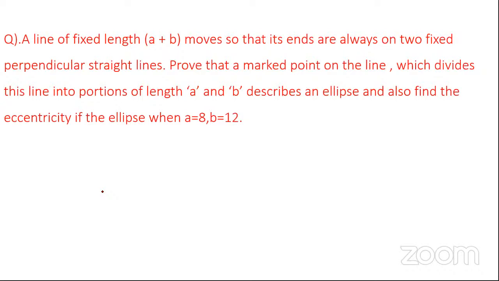Next. A line of fixed length a plus b moves so that its ends are always on two fixed perpendicular straight lines. Prove that a marked point on the line which divides it into portions of length a and b describes an ellipse, and also find the eccentricity of the ellipse when a equal to 8, b equal to 12.